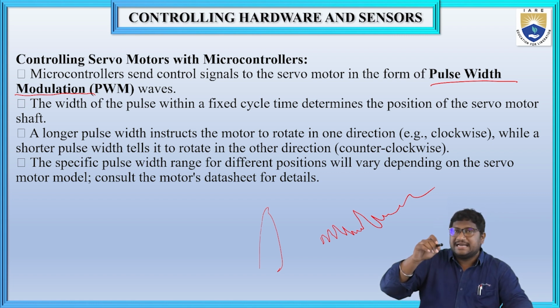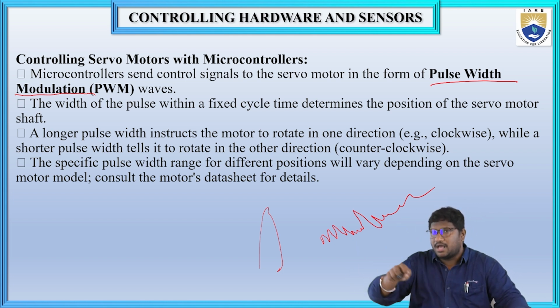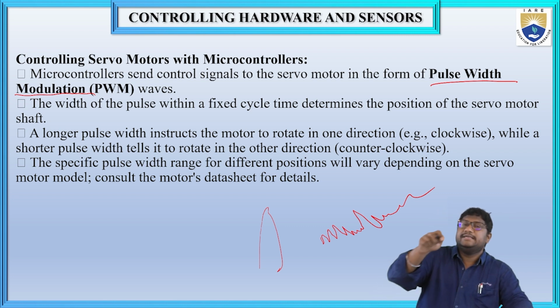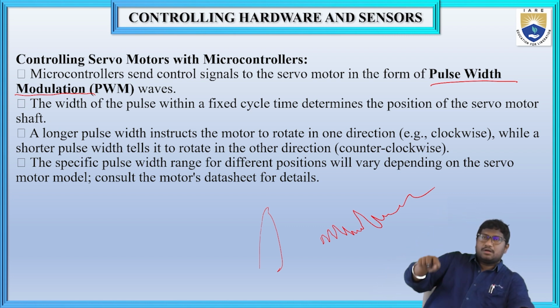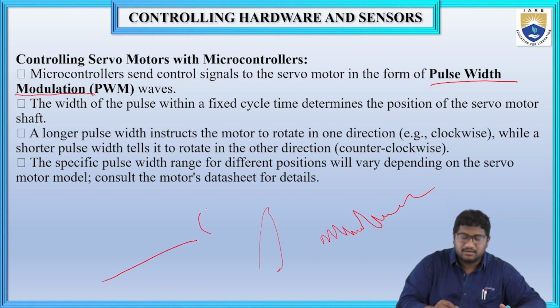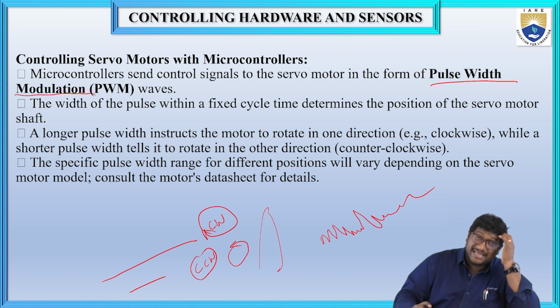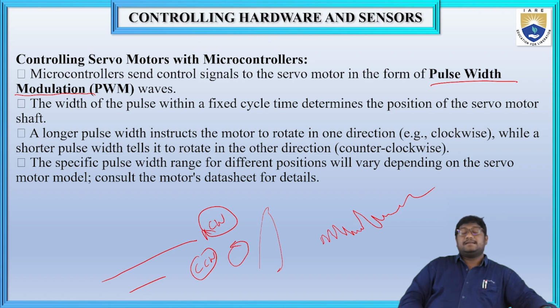If you get an instruction to the motor with a longer pulse width, you need to go clockwise. If you get a short pulse, you need to go counterclockwise. Got it, guys? Longer pulse width, then clockwise. Shorter pulse width, counterclockwise.